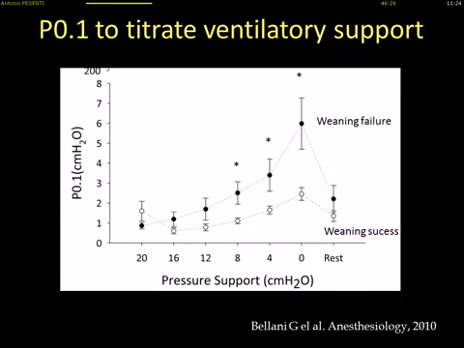These are patients undergoing decreasing levels of pressure support. You see that patients weaned unsuccessfully have much higher PO1s than patients weaned successfully. Why? Because these are more dyspnoic than these patients.